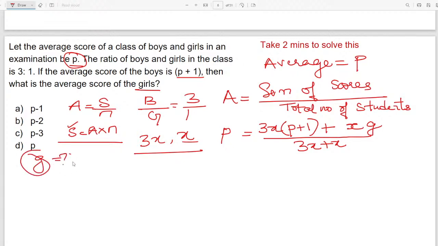So this is the equation that we have, and we'll cross multiply this. We have p is equal to 3x p plus 3x plus xg divided by 4x.